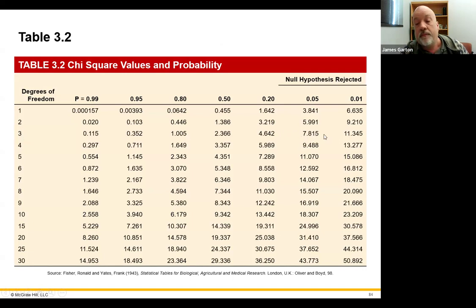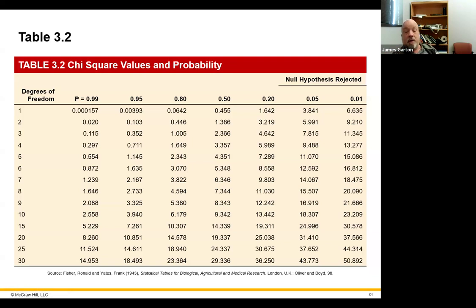And you're looking for whether your number is greater than or less than this 7.815. And if the chi-square value that you calculate is greater than this, that means your null hypothesis is not supported. If it is less than that, that means your null hypothesis is supported.